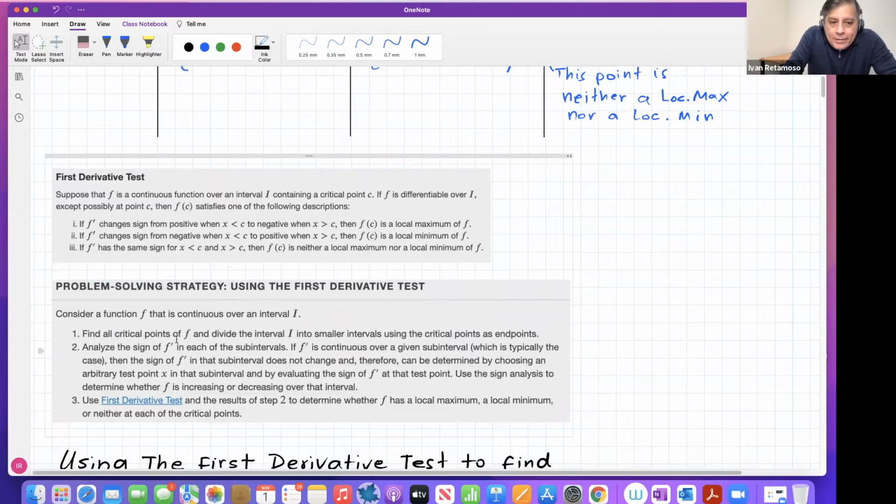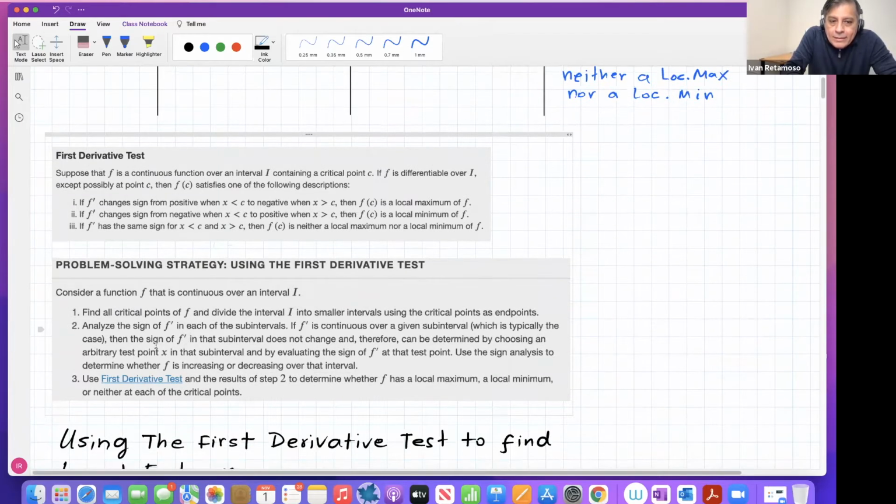The strategy is first, if you are given a graph, and you are asked to identify local minimum, local maximum, first, get all the critical points. Get the derivative, set it equal to 0, find your critical points. Next, analyze if the derivative has a positive sign or negative sign. According to that, you will discover that your function is either increasing or decreasing.